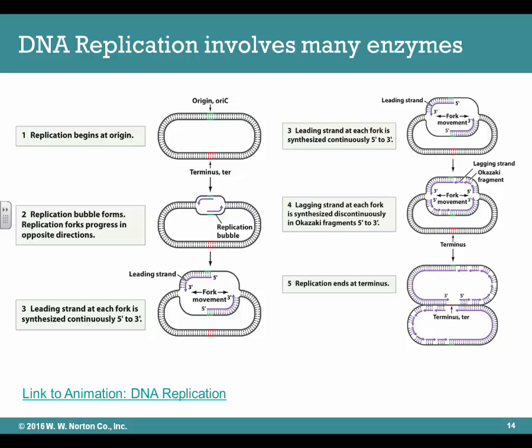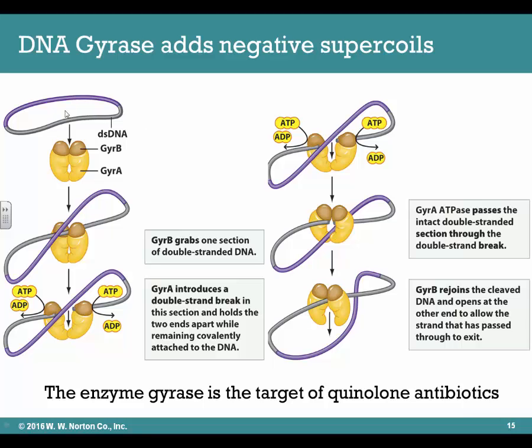There's some tension that builds up in the twisting or the helical shape of the DNA, and that tension has to be released in order for the DNA to be able to be expressed, for the genes to be able to be expressed.